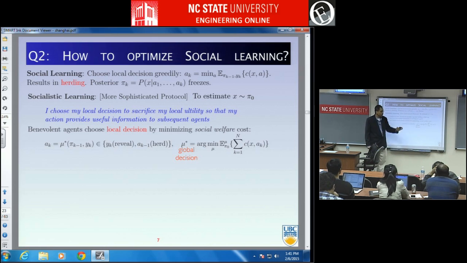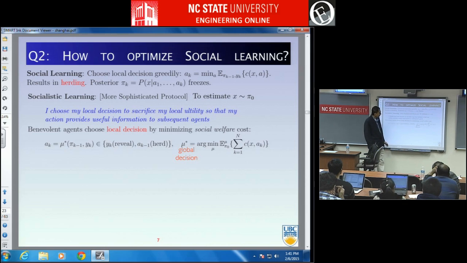In other words, I'm not optimizing a utility, I'm spending a lot of money giving my full observation to the next agent. Or I can be purely capitalistic and simply copy exactly the action of the previous agent. I'm taking a simple extreme example here just to illustrate the problem. So this is purely capitalism. This is purely altruistic. I give the agent everything they need.